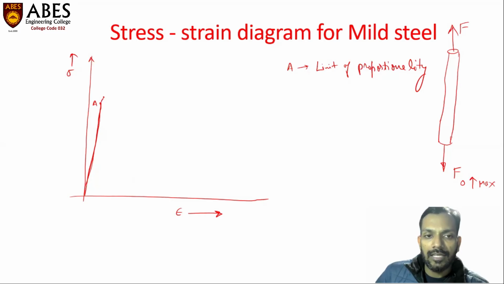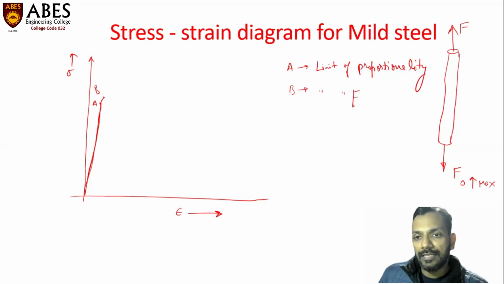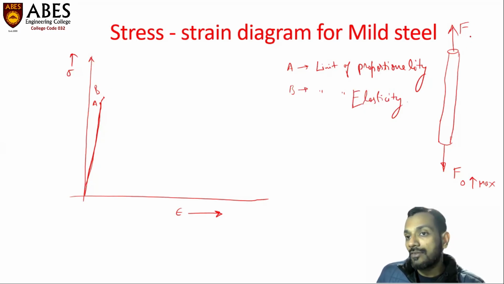Then there will be a point B, which is called the limit of elasticity. It is the point up to which the material shows the property of elasticity, and it loses this property after point B. If we remove this force F up to point B, the material will regain its initial shape and size.